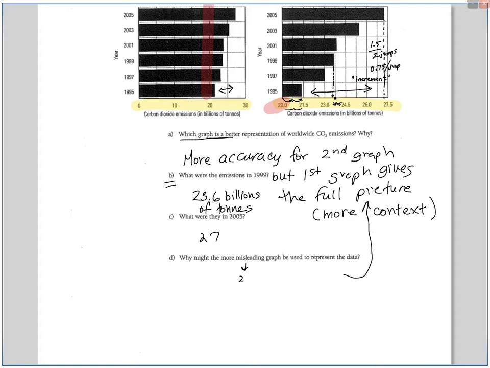So the second graph is misleading because it makes it look like this huge increase when it's really not. So why might they use that? That would be a political agenda. So like maybe Greenpeace or something wants people to stop polluting. I guess that's their political agenda.